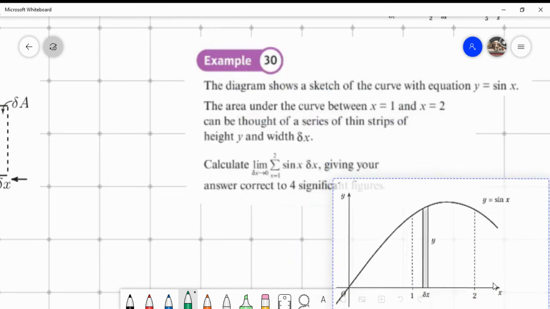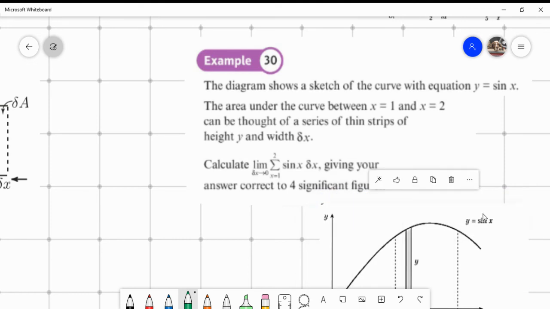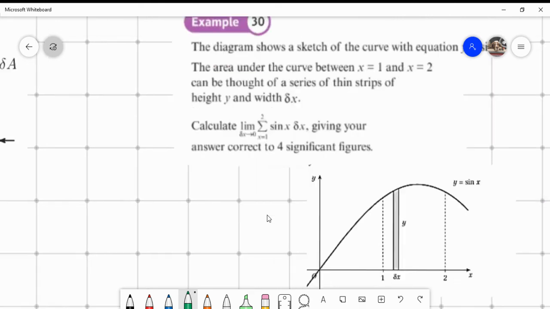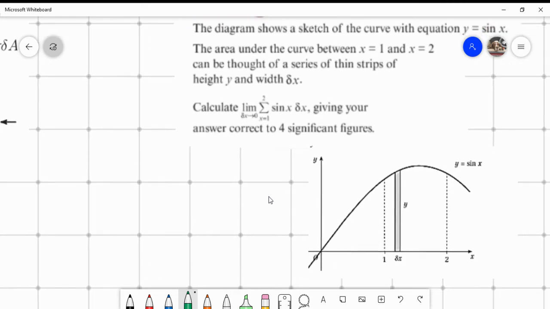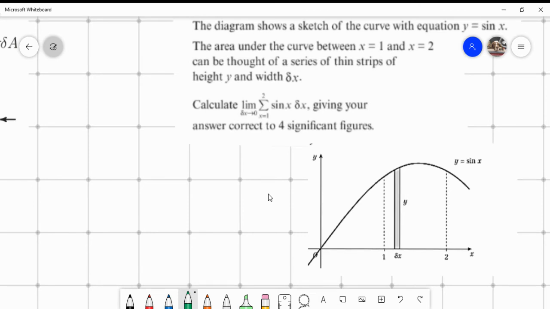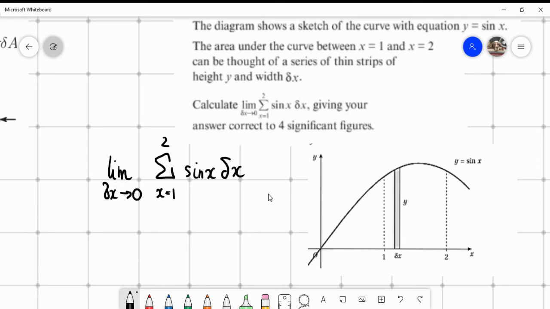There you go. Now it says the area under the curve between x equals 1 and x equals 2 can be thought of as a series of thin strips of height y and width delta x. Calculate the value of the following expression. As you can see very quickly, this is the sum of those strips, and we're looking at those strips as the width of them tends to 0.